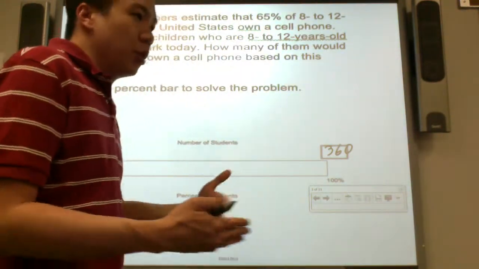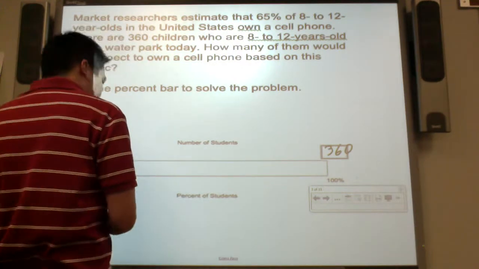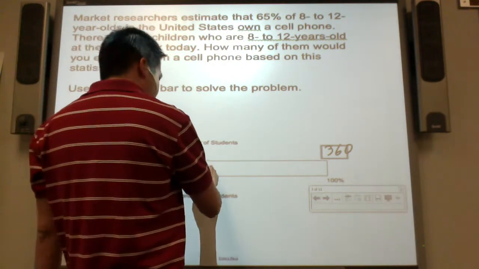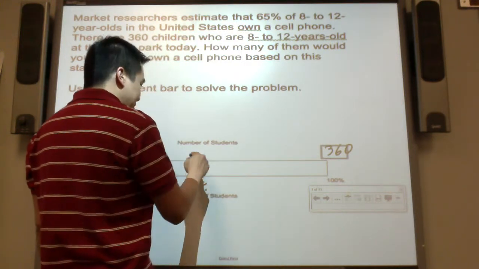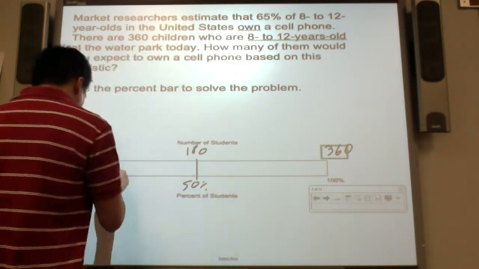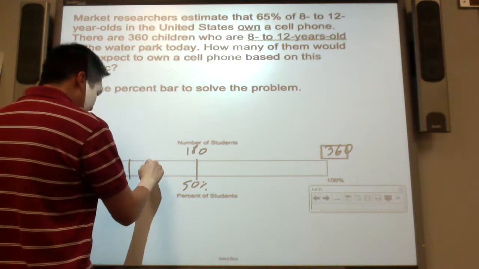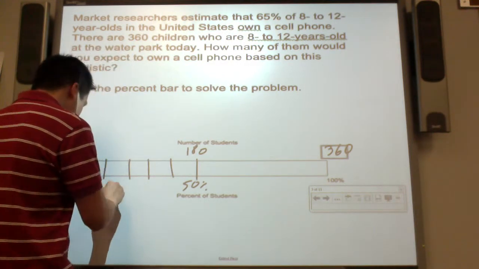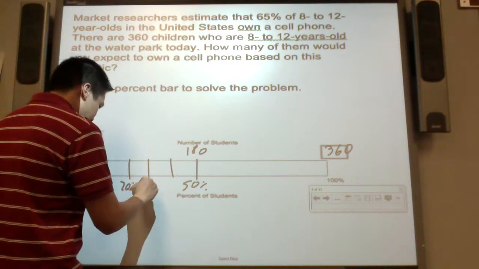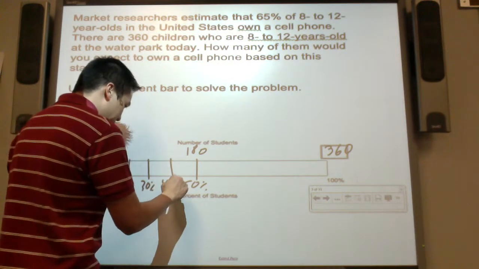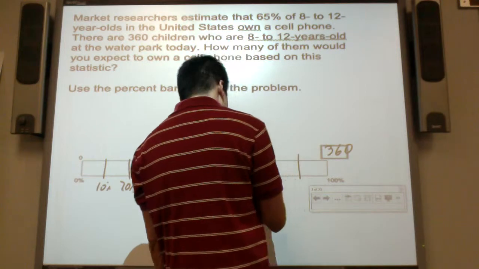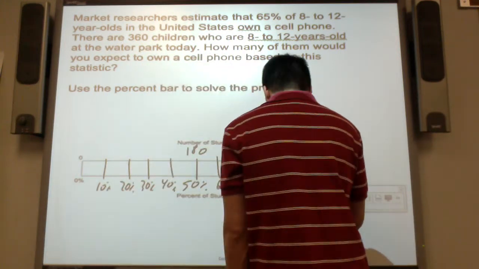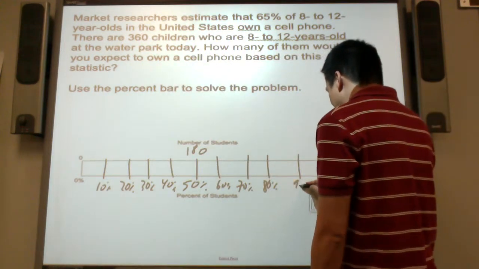I'm going to break it into 10 sections. So we know 50% is right here, in the middle. Half of 360 would be 180. So it's 10%, 20%, 30%, 40%, 50%, 60%, 70%, 80%, 90%, 100%.